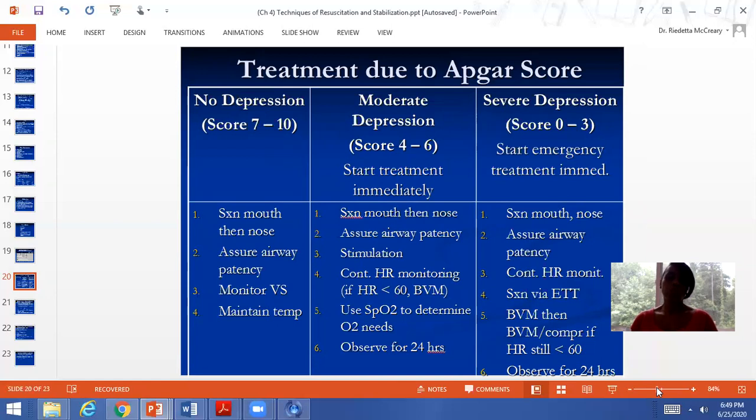We're going to do positive pressure ventilation with bag mask. And if their heart rate is less than 60 when we reassess, we're going to do the positive pressure ventilation with chest compressions. And then we're going to observe them for 24 hours if we're able to stabilize them.